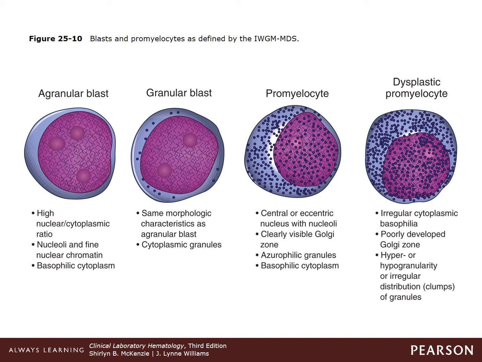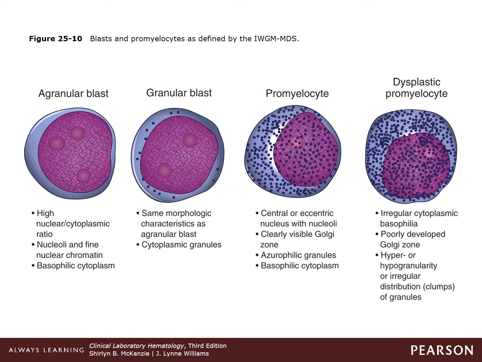In addition to refining it, it proposed criteria necessary to define normal and dysplastic promyelocytes and ring sideroblasts. So they have established granular myeloblasts, agranular myeloblasts, normal promyelocytes, and dysplastic promyelocytes.